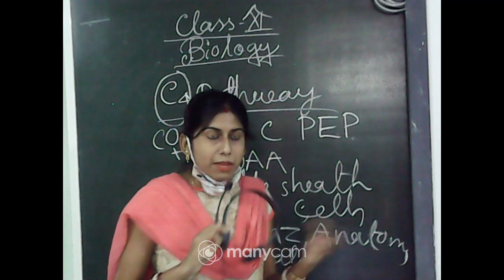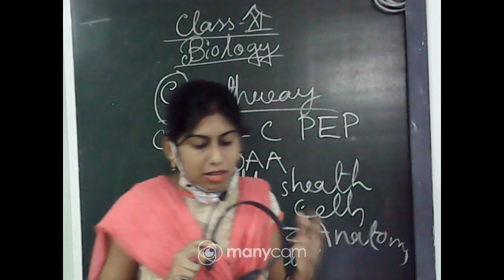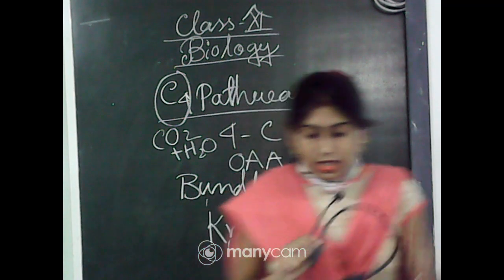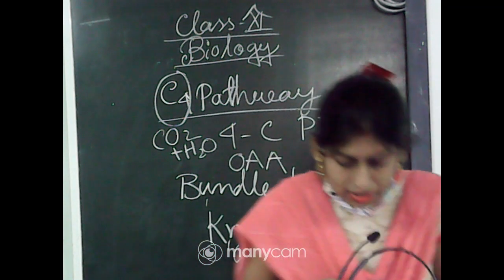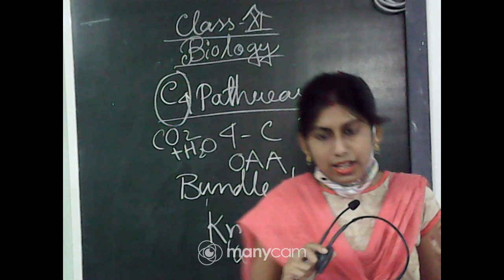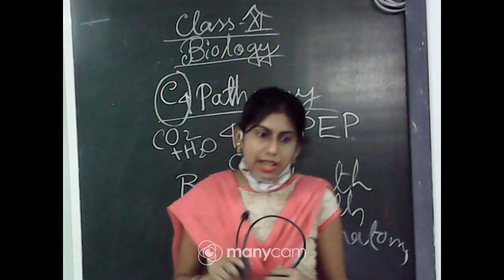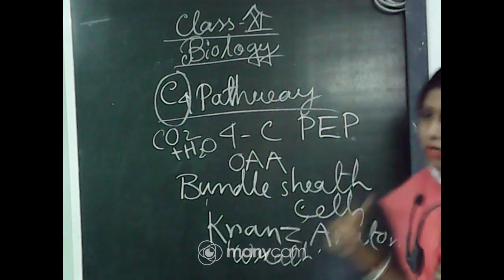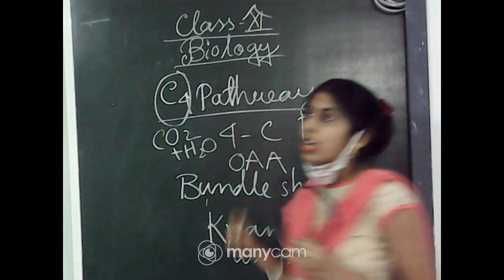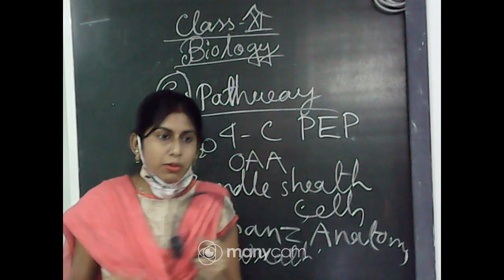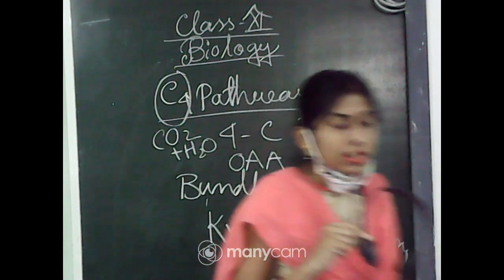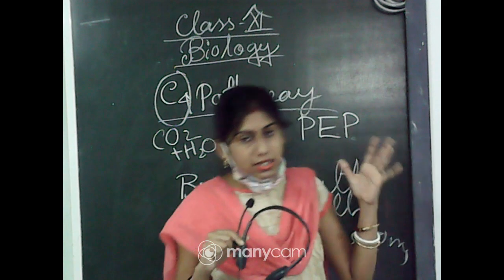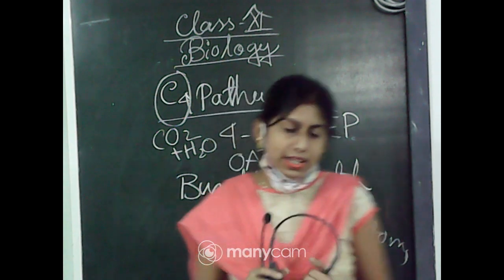In the mesophyll cell, the Rubisco enzyme is absent. For this the C4 acid, oxaloacetic acid, is formed in the mesophyll cell, because as you know, for the Calvin cycle the Rubisco enzyme is required, but in the leaves of C4 plants, in the mesophyll cell the Rubisco enzyme is absent. That's why it is converted into oxaloacetic acid.